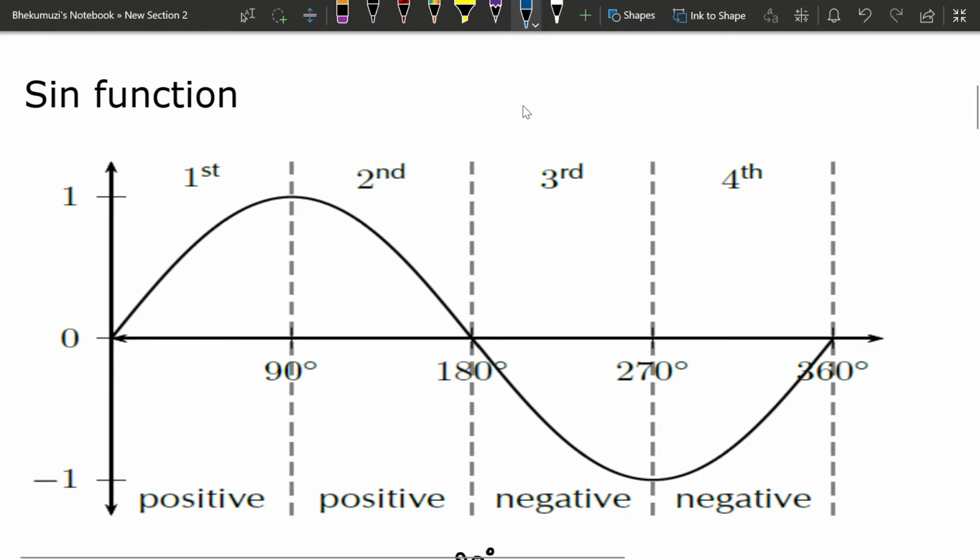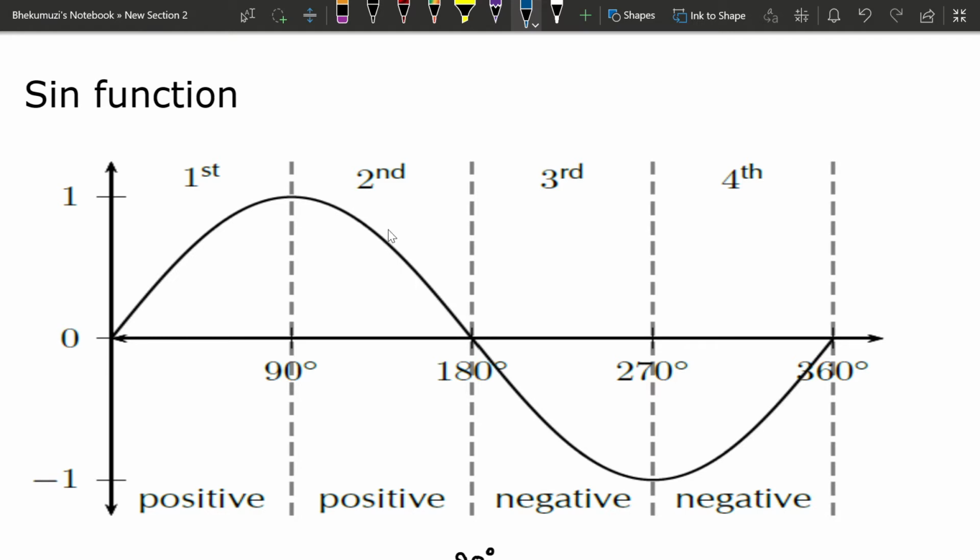Now with all these quadrants, if you just look at the graph itself, this is a sine graph, right? In the first quadrant, between 0 and 90 degrees, all the answers are positive. It's above the x-axis, on the positive side of the y values.